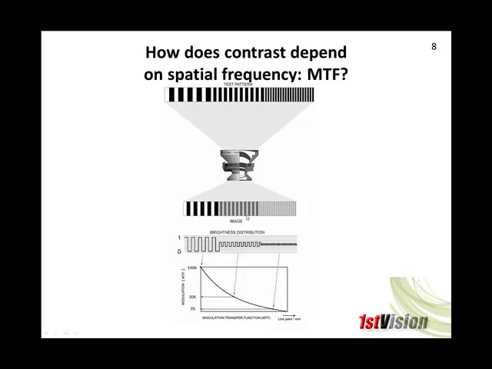As the line pairs get closer and closer, we have less contrast. So the brightness distribution represented right below here shows a nice 0 to 1 modulation. Then we're getting maybe 30% and then maybe 10%. And here is what we can plot. This is the modulation transfer function. On the bottom, line pairs per millimeter. On the left axis, we're looking at the contrast, the modulation.